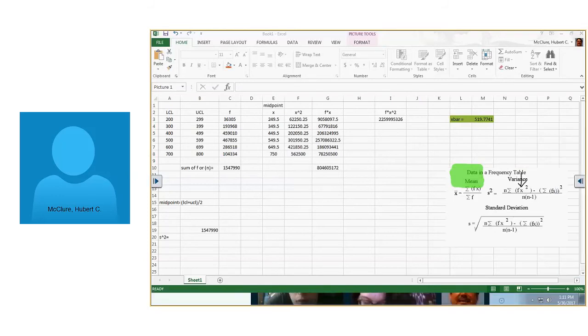I'm right there. We've already found N. The N is right here. Now we've got to find the summation of F times X squared. And there's F times X squared. And now I got to copy that down and then add them up.